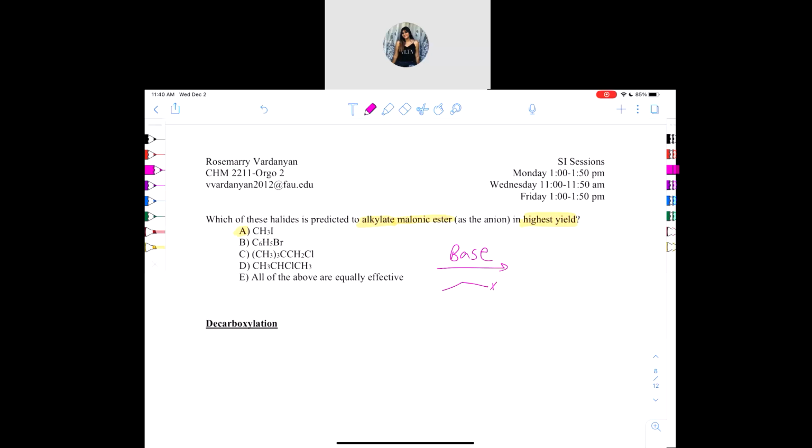And we know that we will have some kind of alkyl halide. And so when we attack the alkyl halide, we know it's an SN2 mechanism. And so since we have that SN2, we want to choose the least bulky to make this go fastest. And so the least bulky would be A.